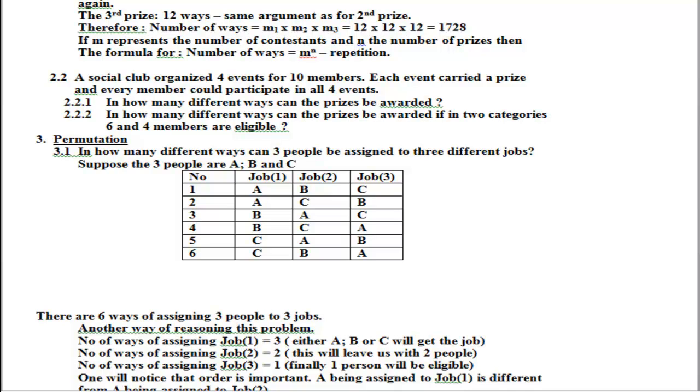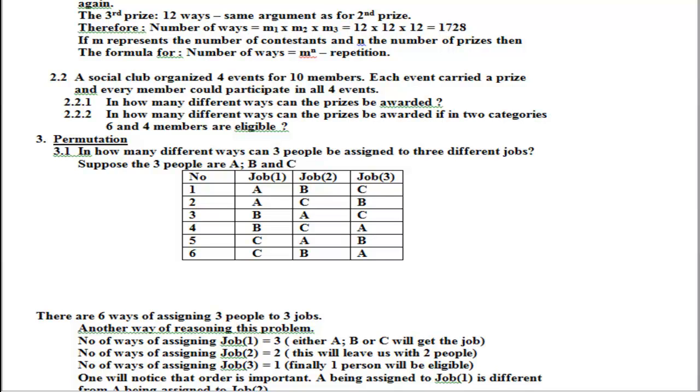Assuming one of them got the job, that will leave you 2 people going to job 2. The number of ways of assigning job 2 will be 2. Assuming one gets the job, the number of ways of assigning job 3 will be left to 1, and this person will just by default get the job.